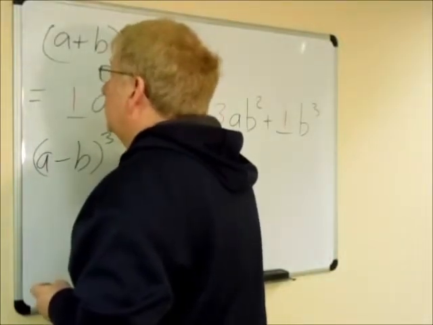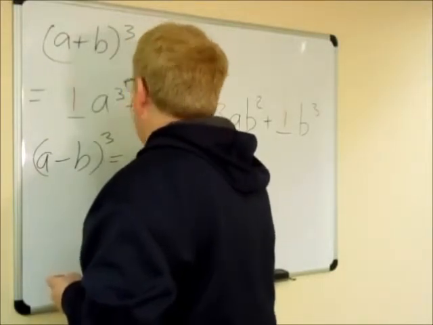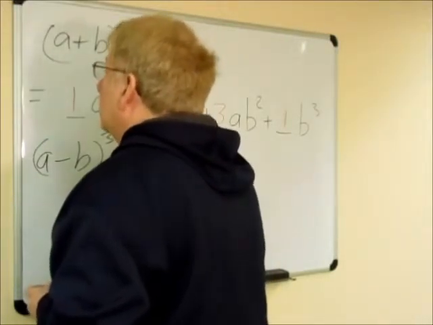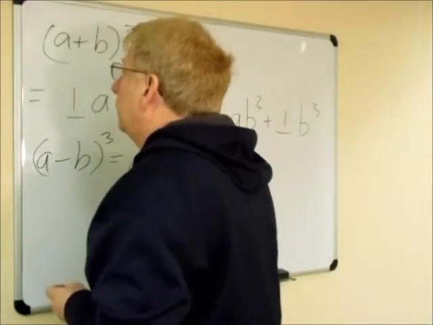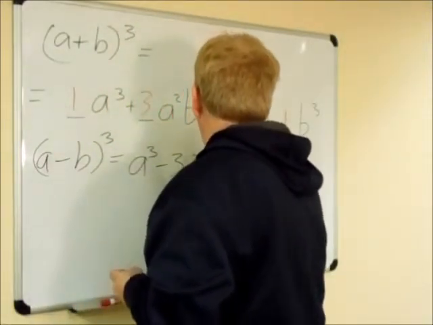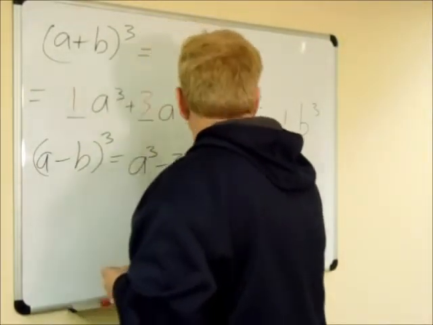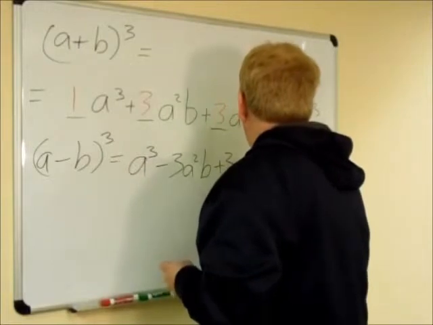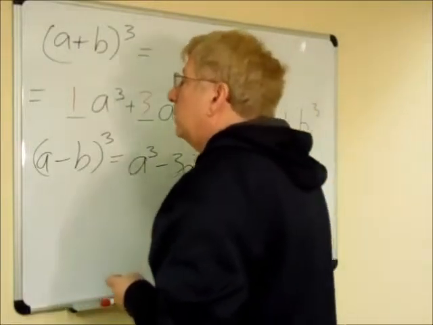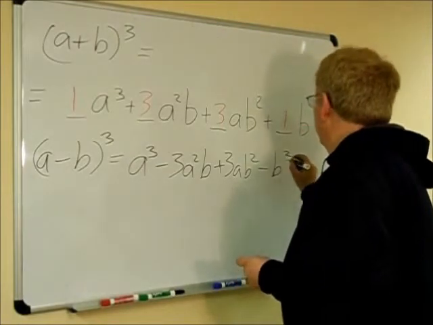So in this case we would have a cubed minus 3a squared b, and then we would have plus 3ab squared, and then last minus b cubed.